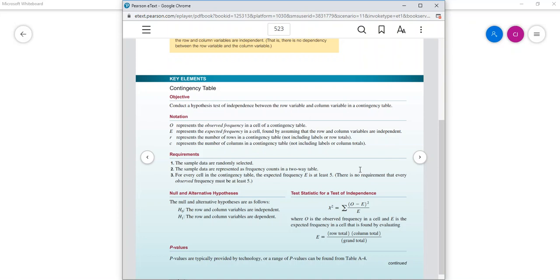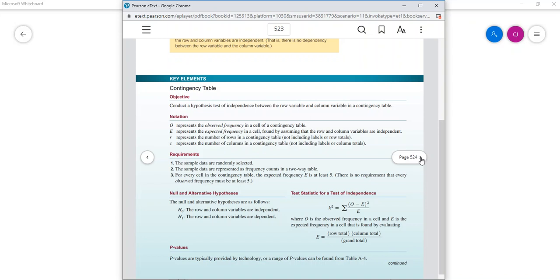Now, here they're giving us a formula for expected values, and the difference between the goodness of fit test and the test of independence is that the goodness of fit had predetermined expected values, so we didn't need to do this. The test of independence did not have expected values given. So we can find them by using this formula here.